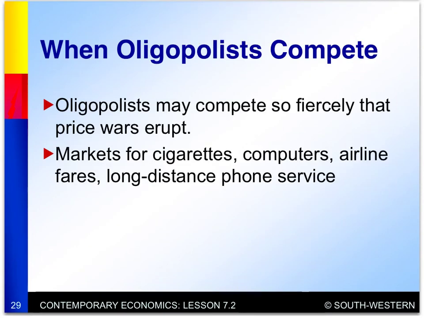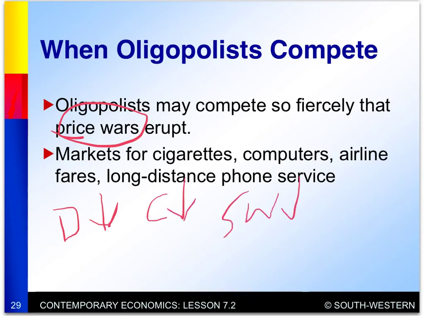Sometimes when oligopolists compete, you get what's called a price war. This happened in the airline industry right before 9/11. Delta started by lowering their price, and that gave them more customers. So here comes Continental lowering theirs, and then Southwest. And what happens is you get a spiral. Delta says, I've got to lower mine even more now to get even more customers.